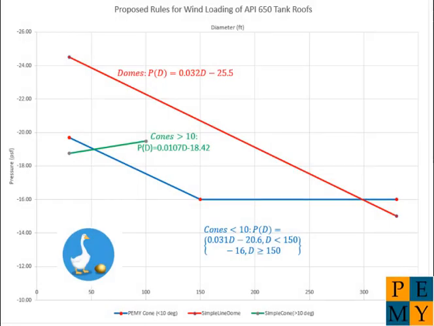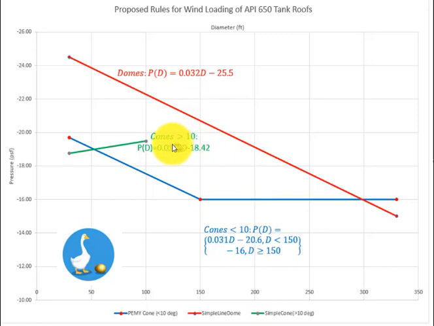Finally, putting it all together and simplifying, these lines show the proposed rules for average pressures acting upwards on tanks. The blue line is for shallow cone roofs under 10 degrees. The formula is simple. Its pressure as a function of diameter is 0.031 D minus 20.6 for diameters less than 150 feet, and then just minus 16 psf for diameters that are greater.